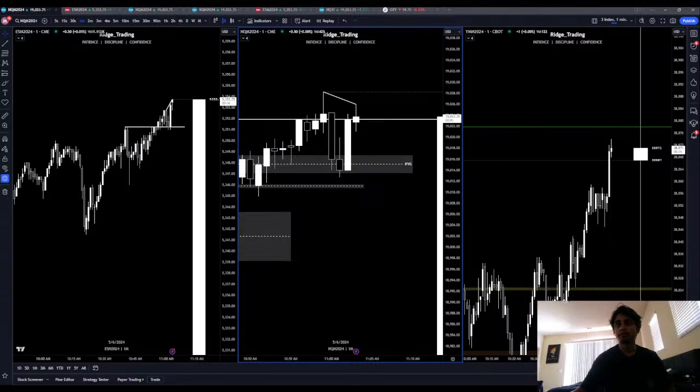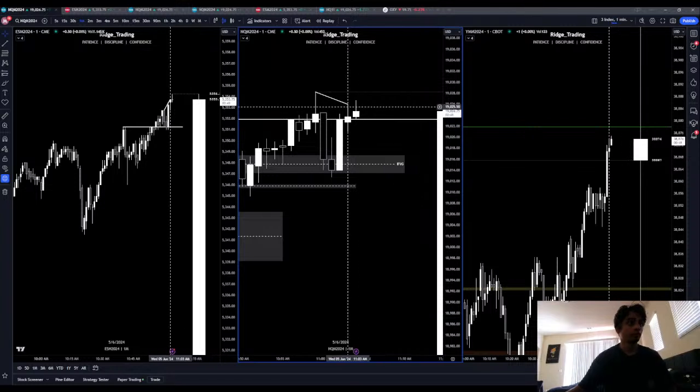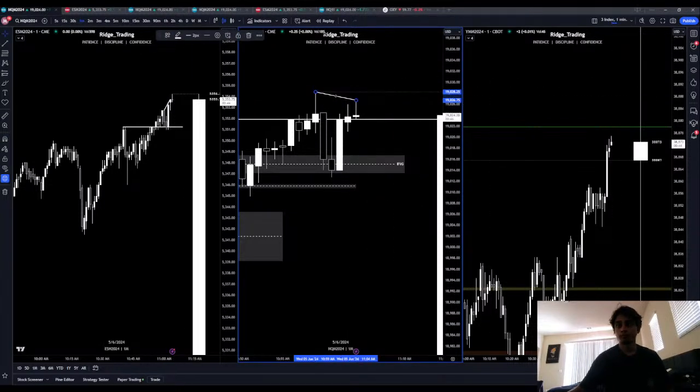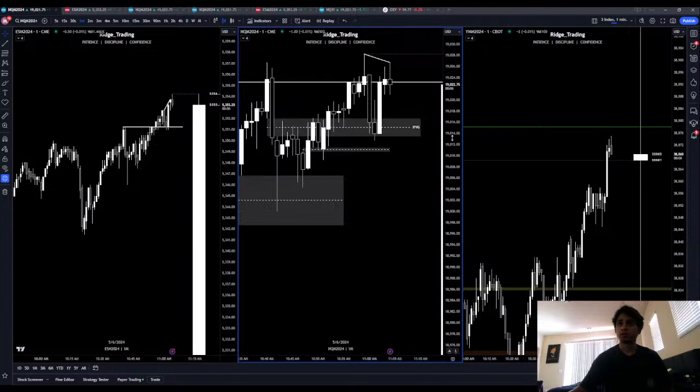It likely won't hold, but we'll see. If this SMT forms and we get under this IFVG, might look to find a short setup.